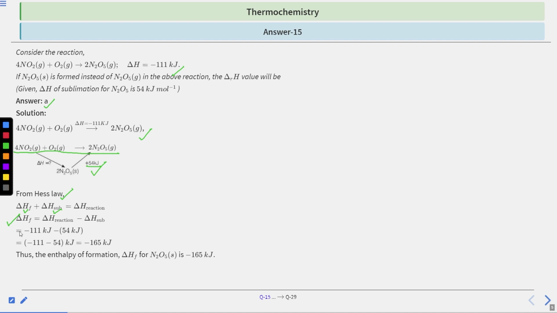On putting the values, the enthalpy of formation for N2O5 solid is minus 165 kilojoule. So option A is the correct answer.